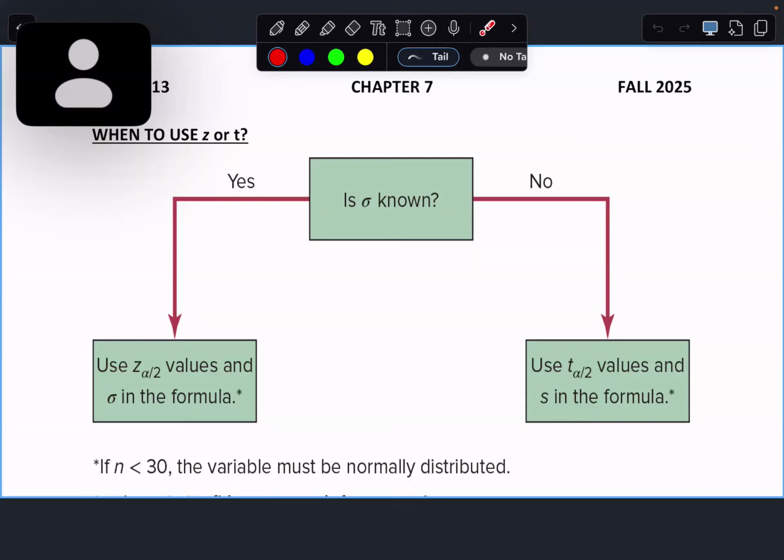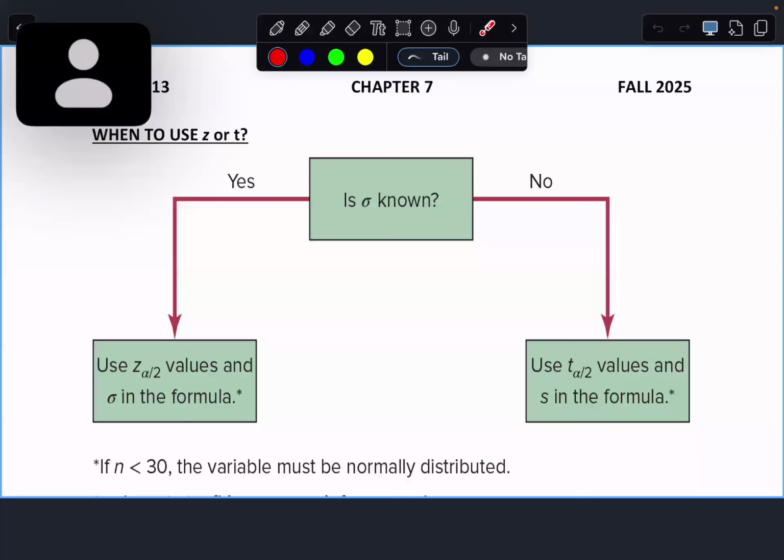Chapter 7 is our first branch of statistics, inferential statistics, where we are trying to make inferences about a population parameter, say the population mean and the population proportion. So we talked about two types of estimations, and one is the point estimation, which is a single numerical estimate of a population parameter.